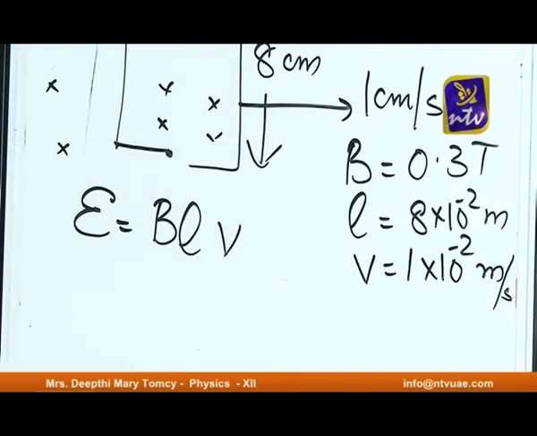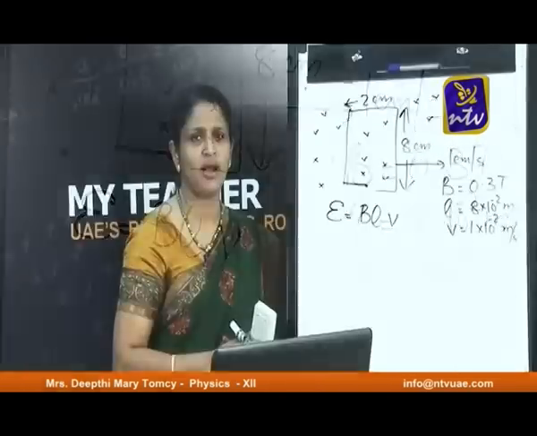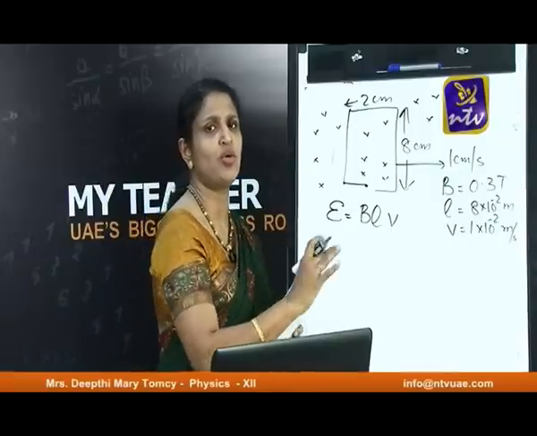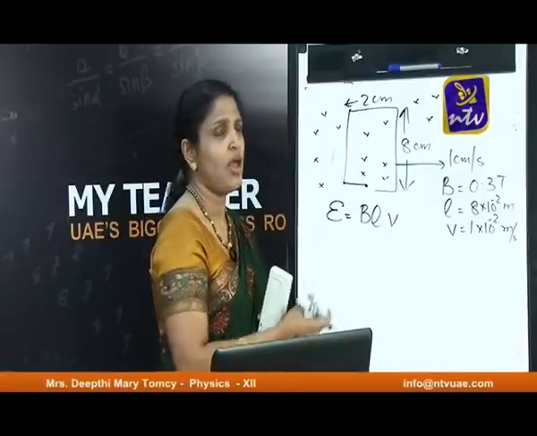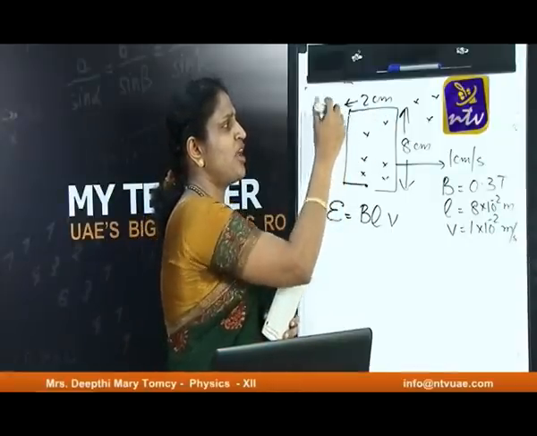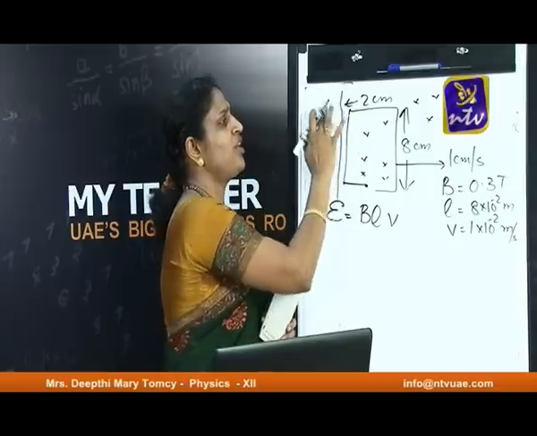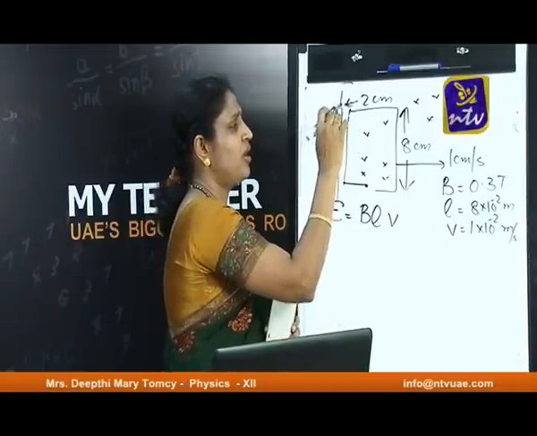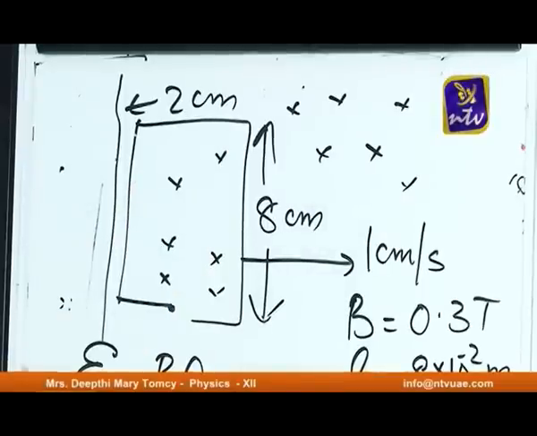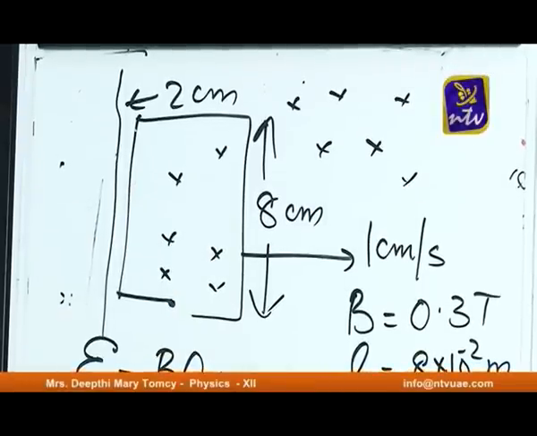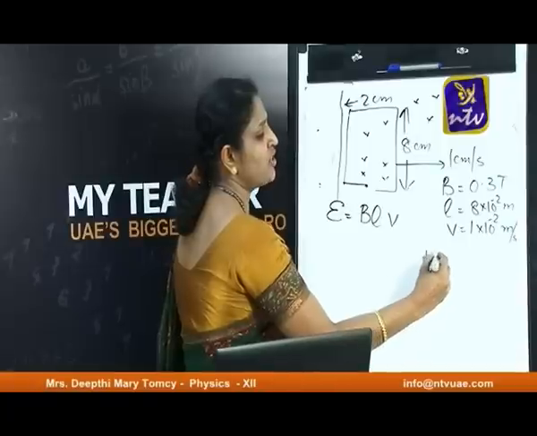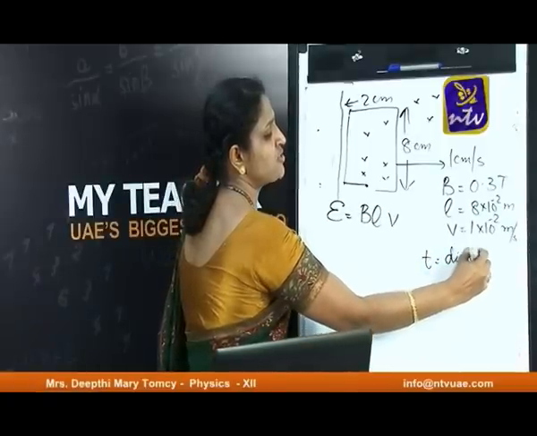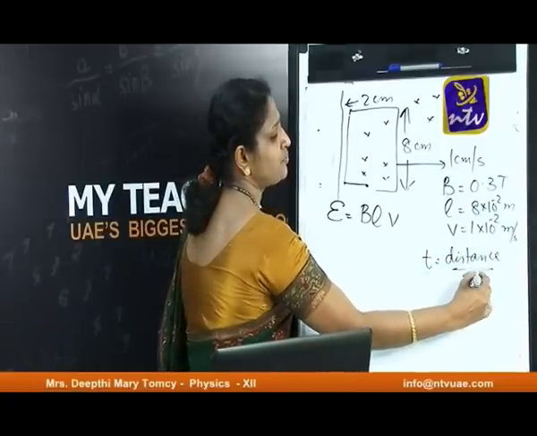We are moving the coil in such a way that the longer side is moving out of the magnetic field, and the shorter side is 2 centimeter. For how much time does it last? That is also asked in the question. We know that time is given by the formula distance divided by speed.